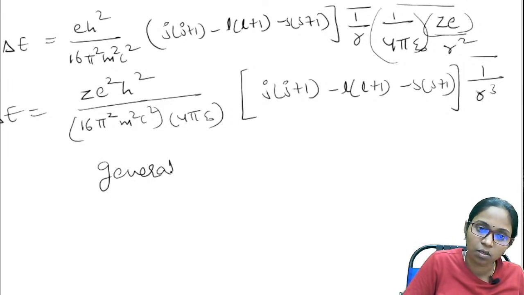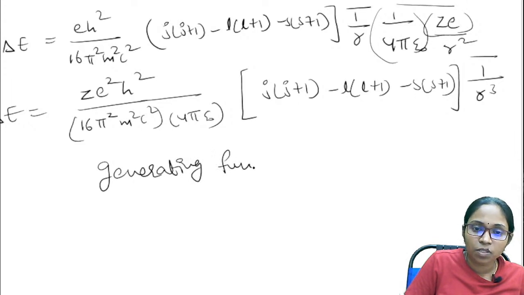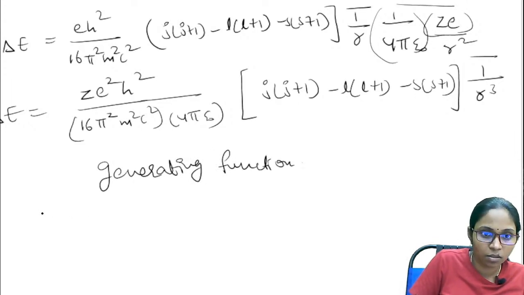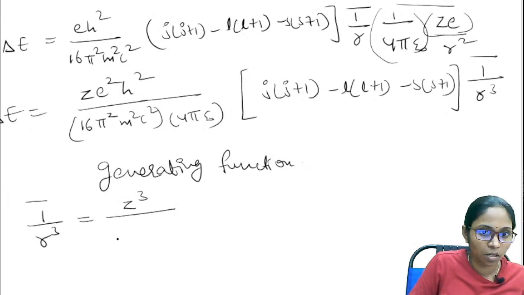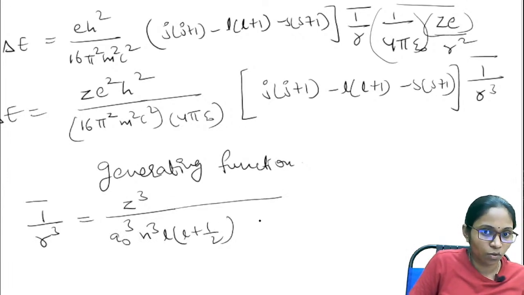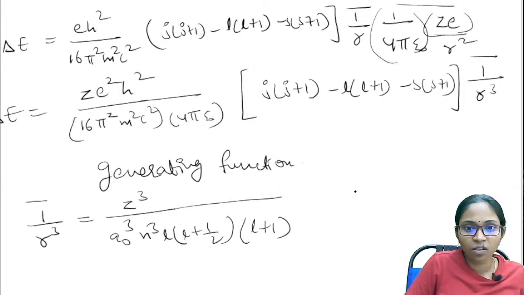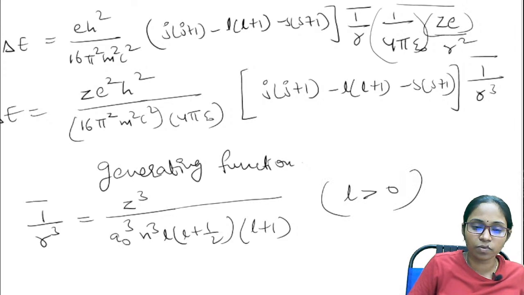From generating functions, the average of this 1 by r cube is equal to Z cube by a naught cube into n cube into L plus 1 by 2 into L plus 1, where L is always greater than 0, where a naught is the radius of the smallest Bohr's orbit.